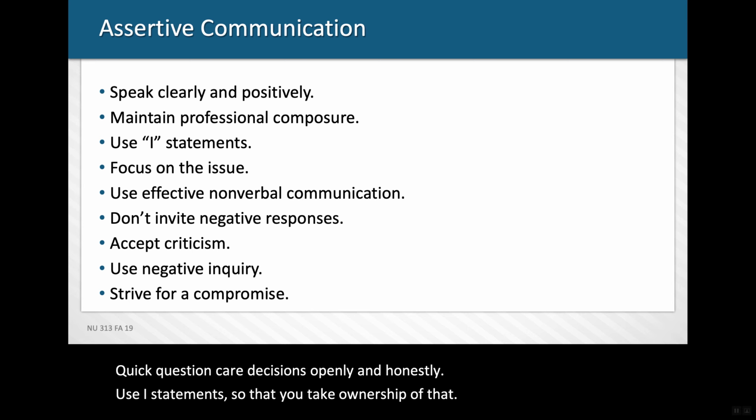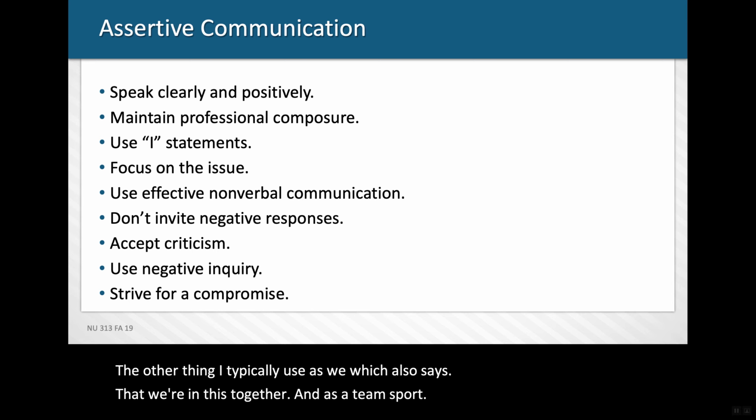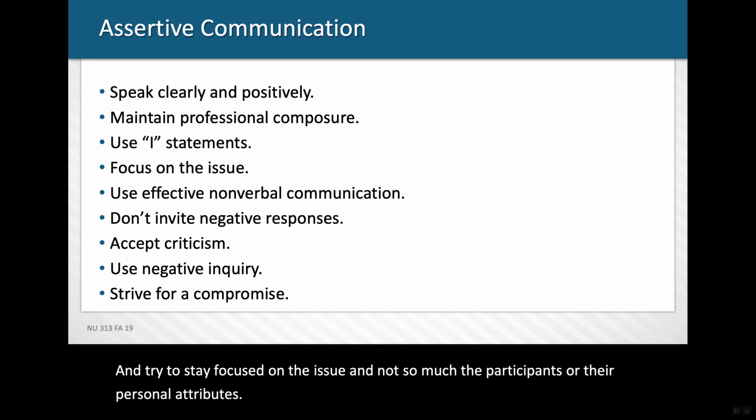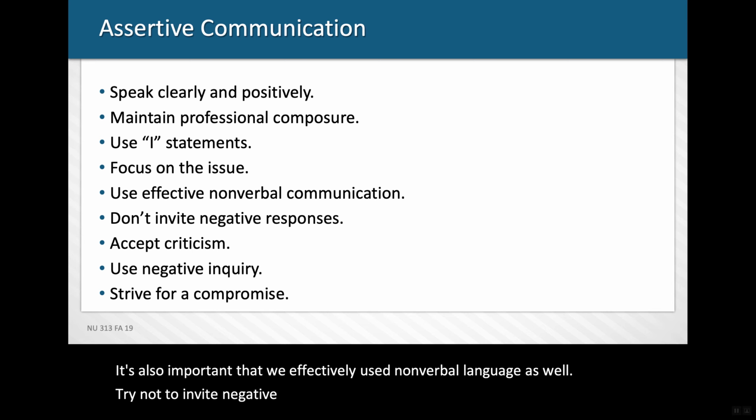The other thing I typically use is "we," which also says that we are in this together and it is a team sport. And try to stay focused on the issue and not so much the participants or their personal attributes. It's also important that we effectively use nonverbal language as well. Try not to invite negative responses to our conversation.